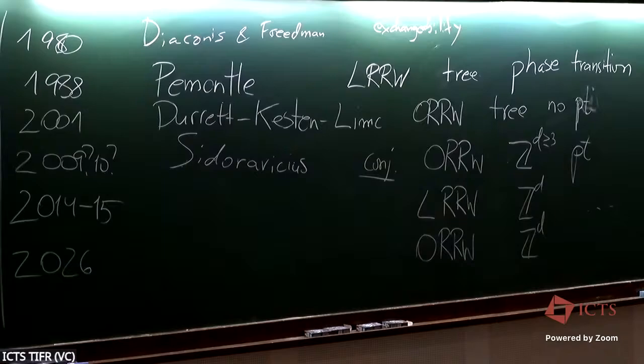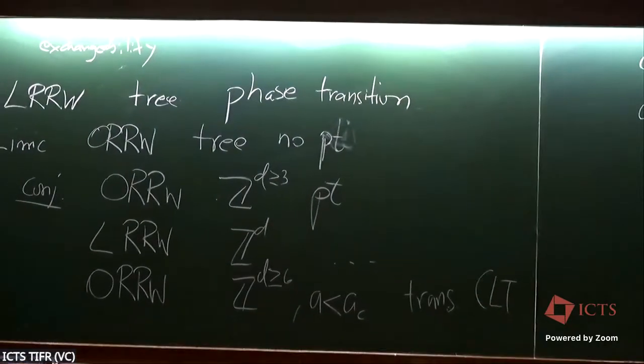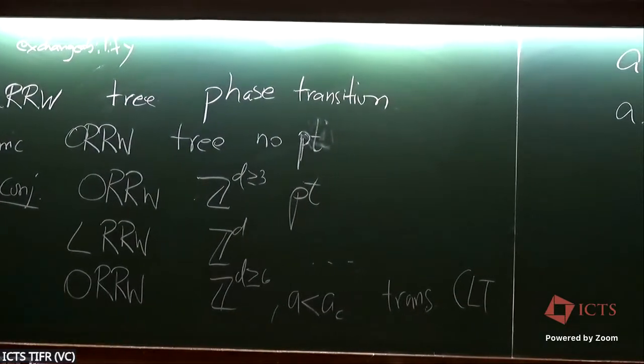We show for d bigger than 6 and A sufficiently small that it's transient and has a CLT, which you don't actually expect, I think, for linearly reinforced, but maybe you do. In some sense, you do. Okay. So that's the result. Okay, so that's all I had to say about the result.